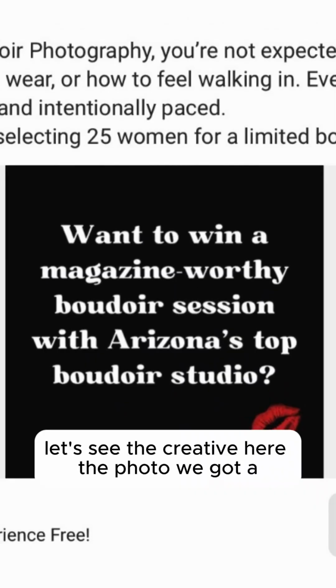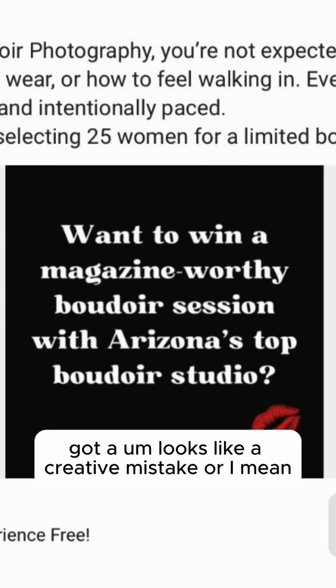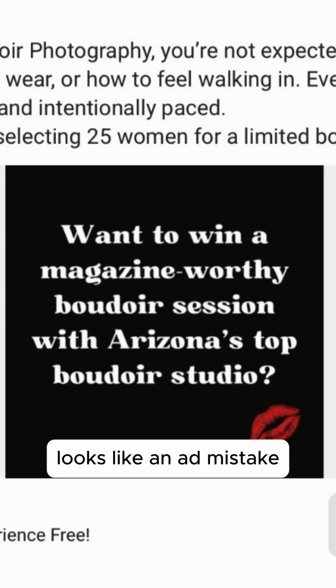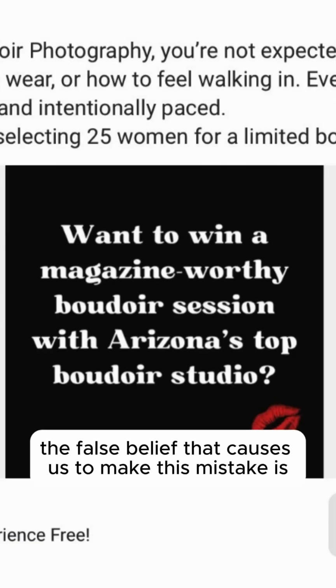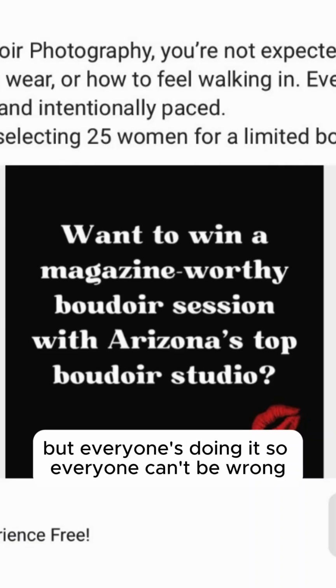Now, let's see, the creative here, the photo. Looks like a creative mistake, or I mean, looks like an ad mistake. The false belief that caused us to make this mistake is, yeah, we've seen a bunch of other Boudoir Facebook ads that look like ads, but everyone's doing it, so everyone can't be wrong, can they?